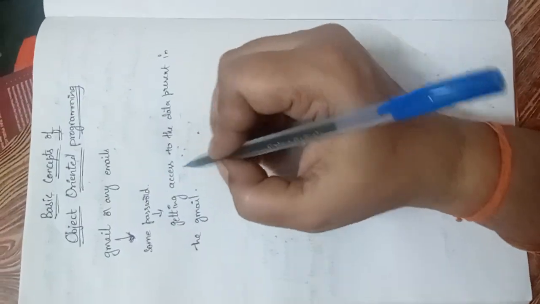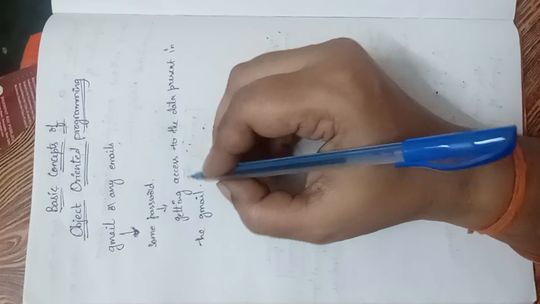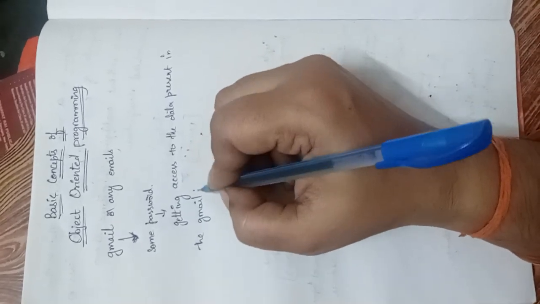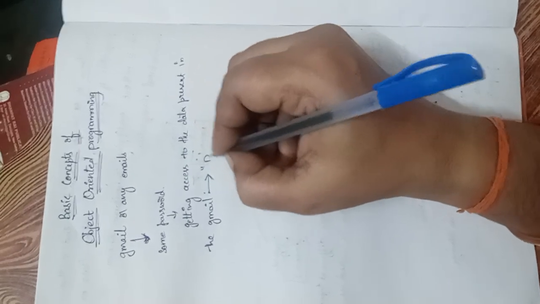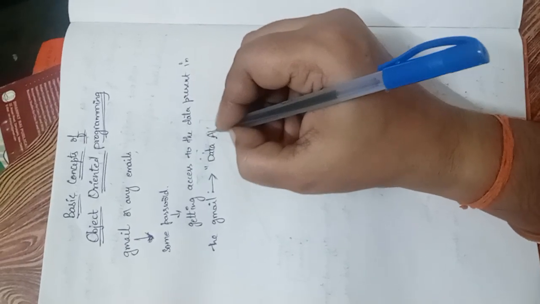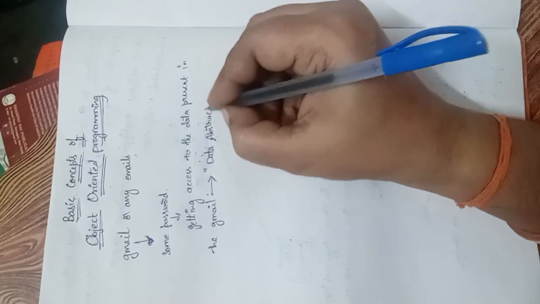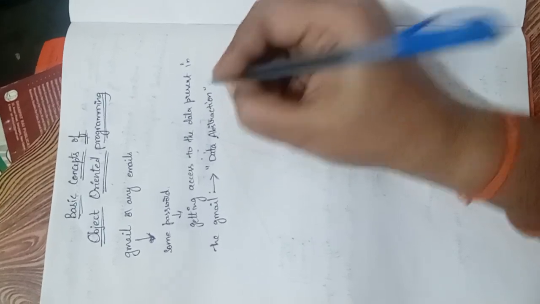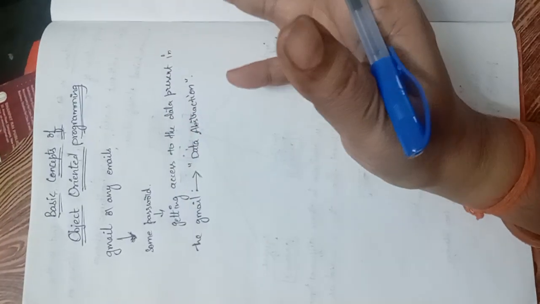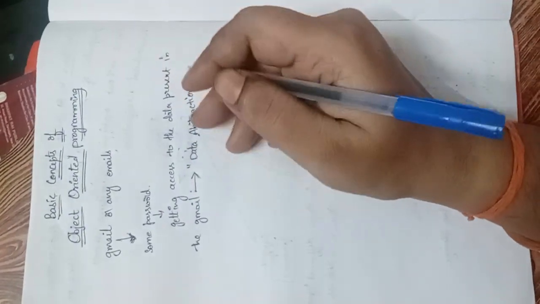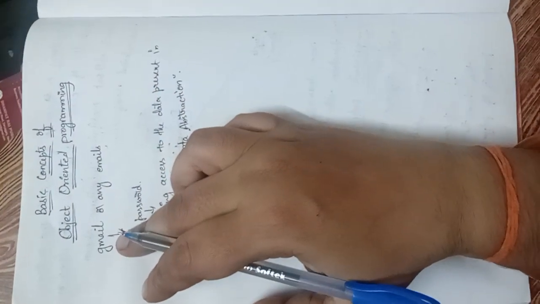This type of property is called data abstraction. If we know the password, we don't need to know anything about the remaining data present in the Gmail.